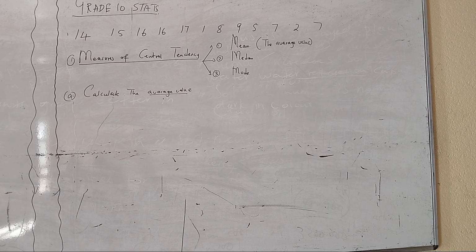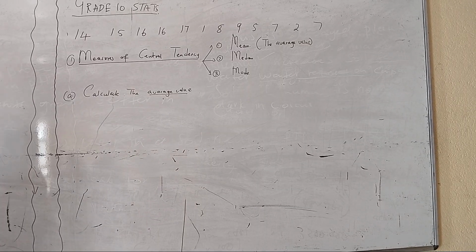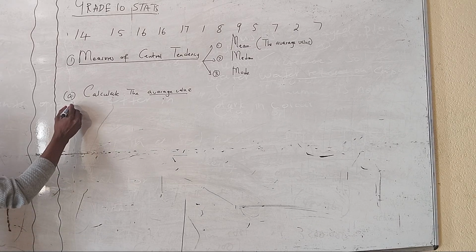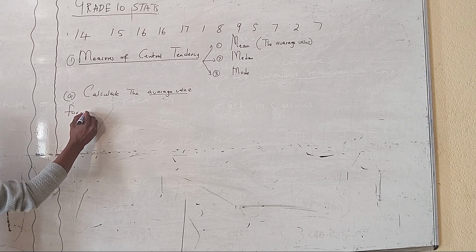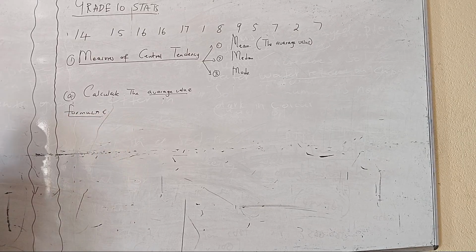In grade 10 we normally deal with data which is ungrouped. I want you to calculate the average value, the mean. We are going to look at two ways. The first way is by making use of a formula to calculate the mean.